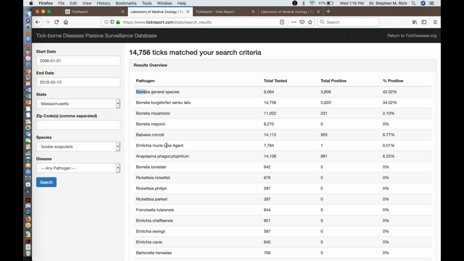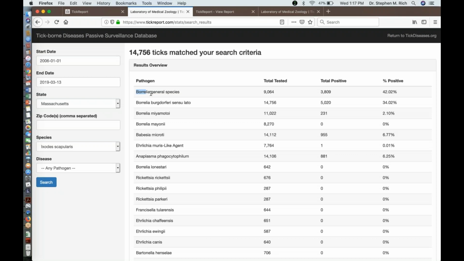So one of the things we do with every tick we test is, in addition to testing very specifically for the known grouping of bacteria associated with Lyme disease, we also do a general species test that will theoretically identify any Borrelia species in the universe, known or unknown, found in ticks.